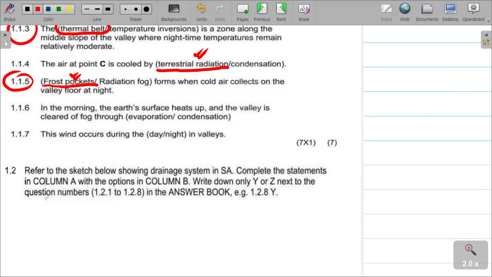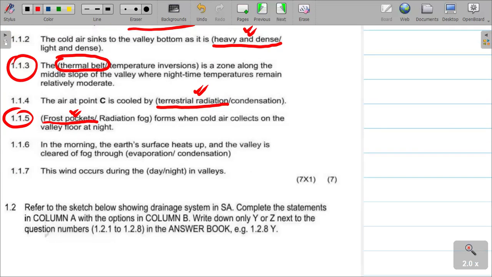Number 6, in the morning, the earth's surface heats up and the valley is cleared of fog through evaporation.